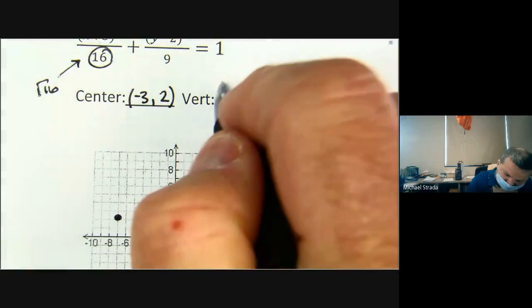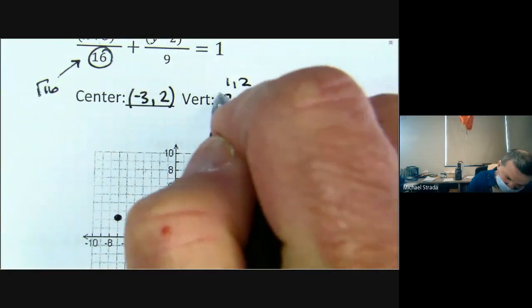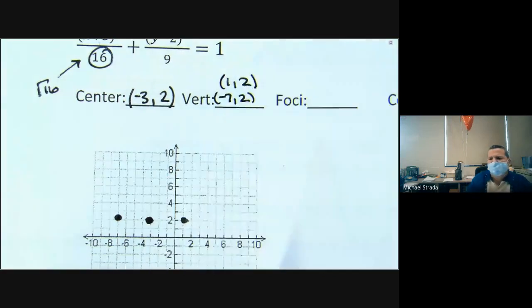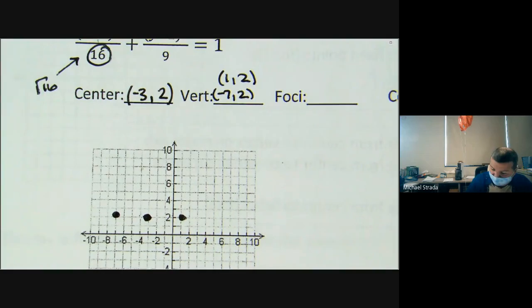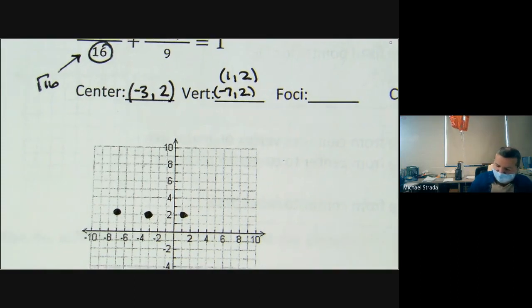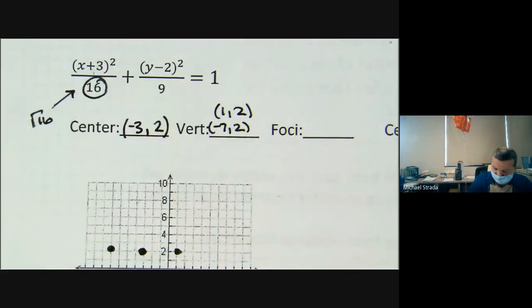So our vertices are at (1, 2) and (negative 7, 2). Unlike the parabola that had 1 vertex, the ellipse has 2, and they're on the major axis. I just counted 4 across, and because the 16 was on the x, x is horizontal. That's all you have to do.